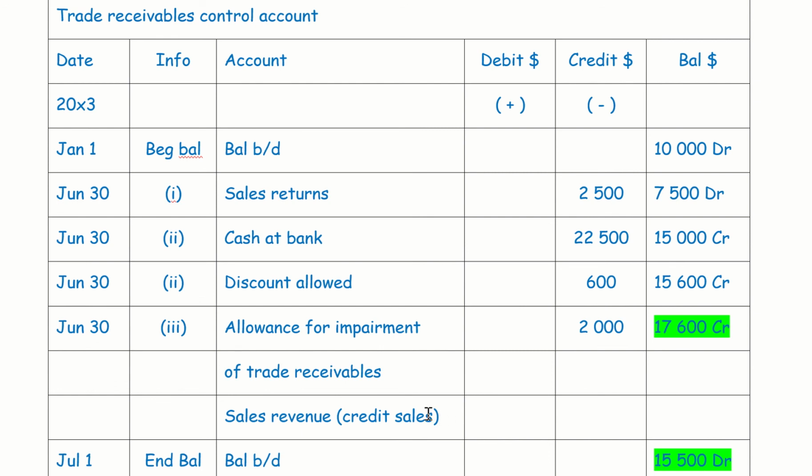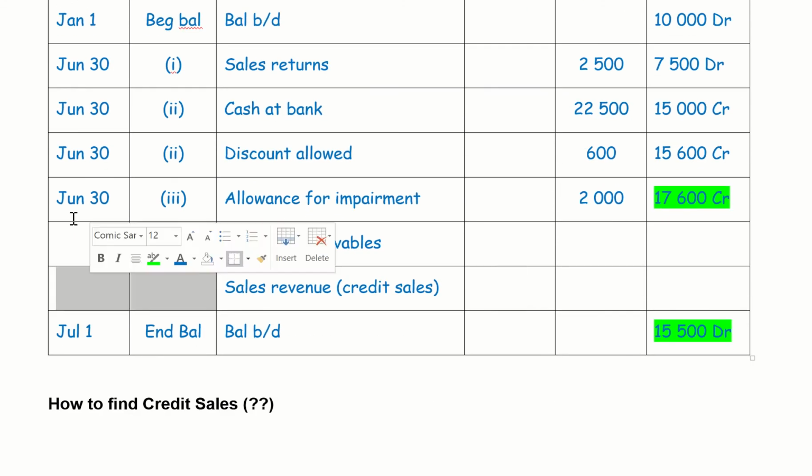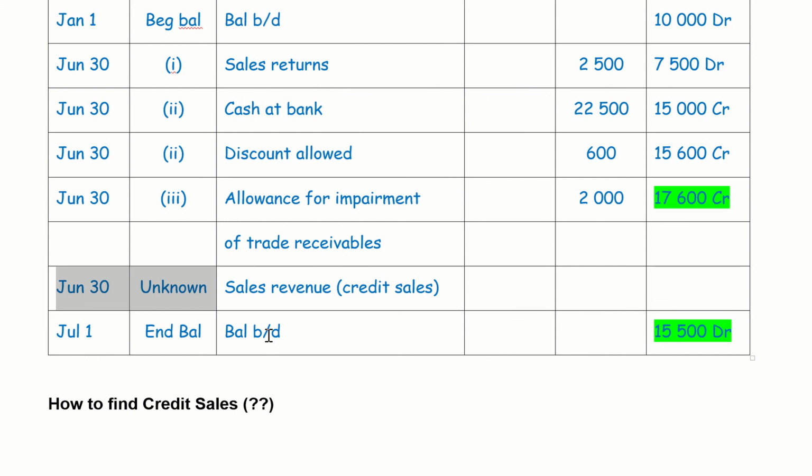You made some sales, that's why your trade receivables has increased. So if you made some sales and your trade receivables has increased, how much is this going to increase by? Any idea? How do I find it? Oh, by the way, let's fill in the dates first, okay?